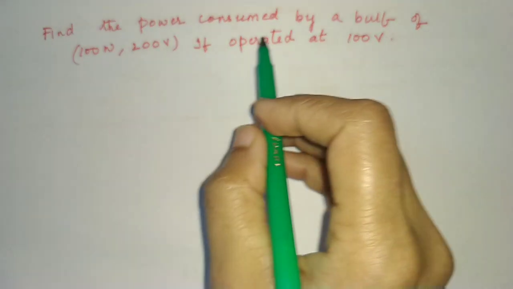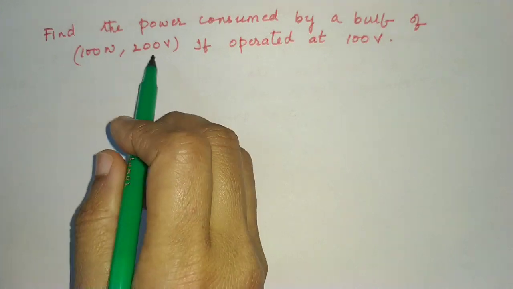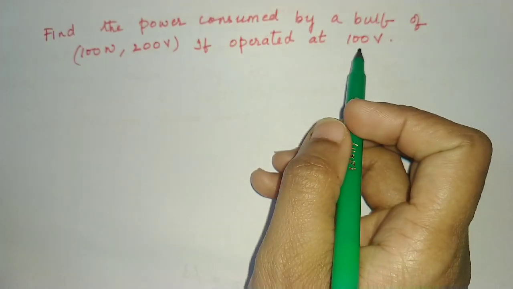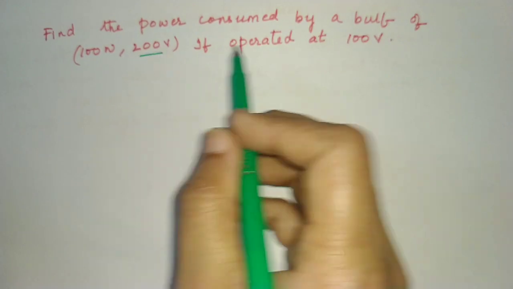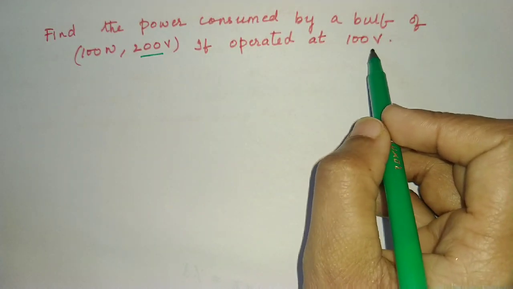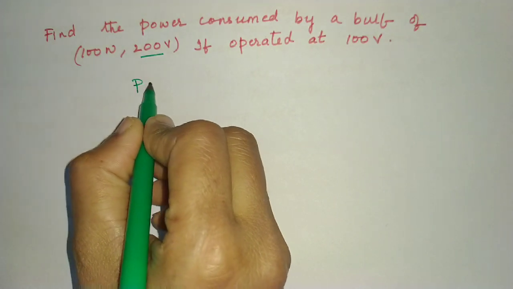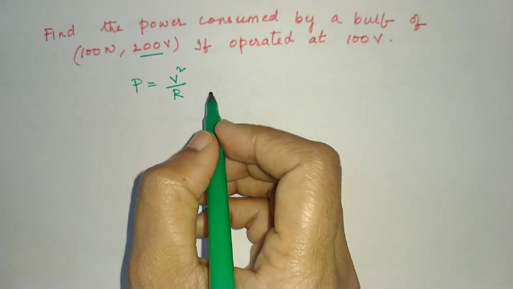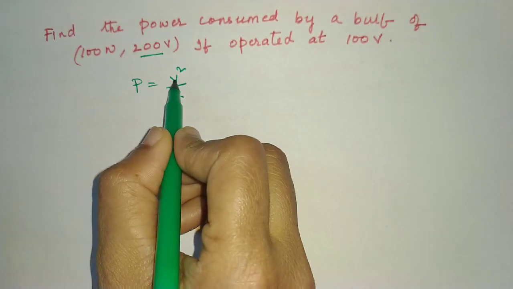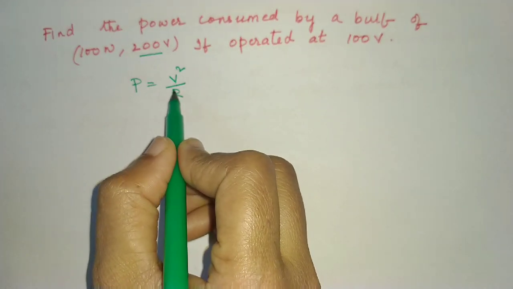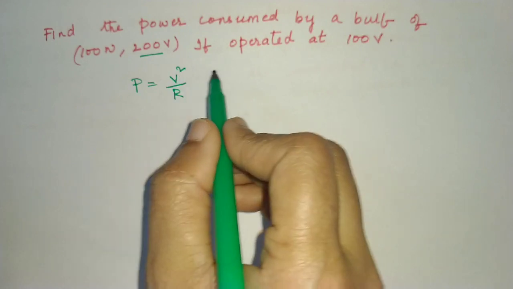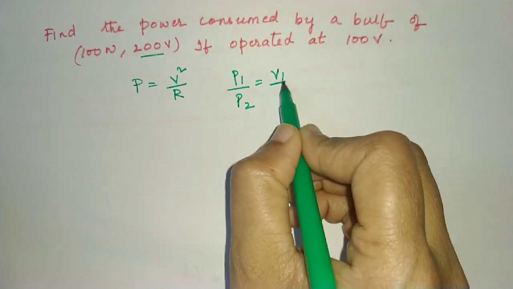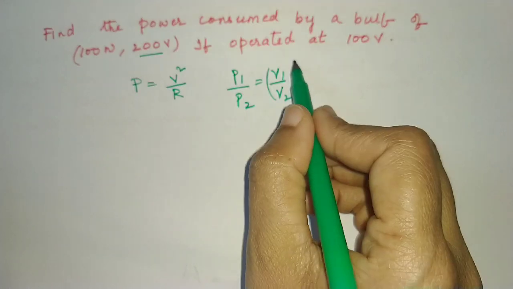Find the power consumed by a bulb of 100 watt and 200 volt if it is operated at 100 volts. So it is supposed to operate at 200 volts, but we are operating it at 100 volts. We know the power consumed by a bulb is V square divided by R. Because resistance is not going to change, power is proportional to V square. So P1 by P2 should be V1 by V2 whole square.